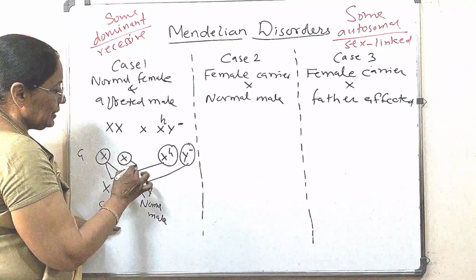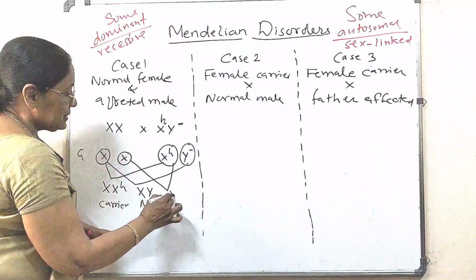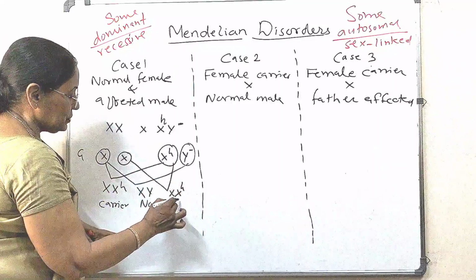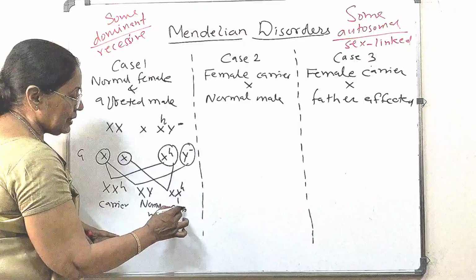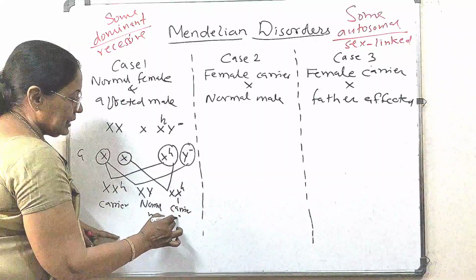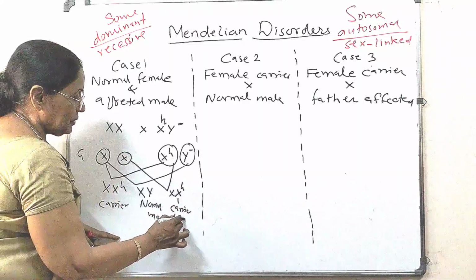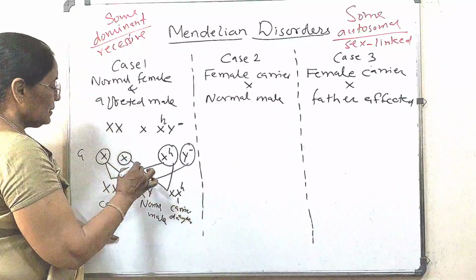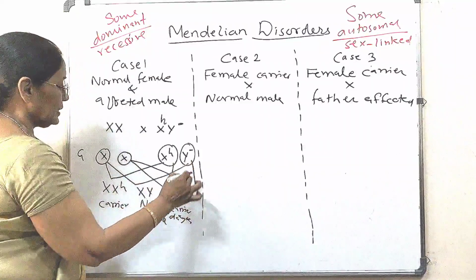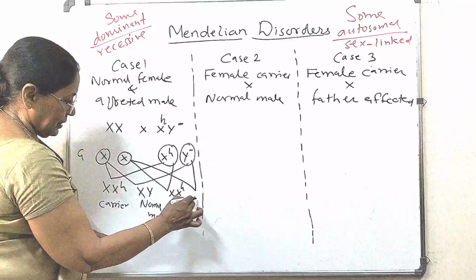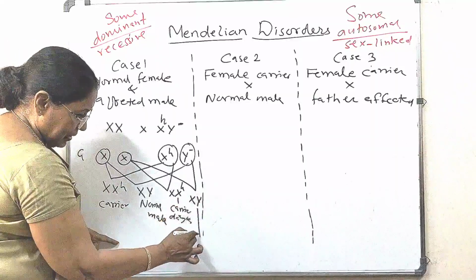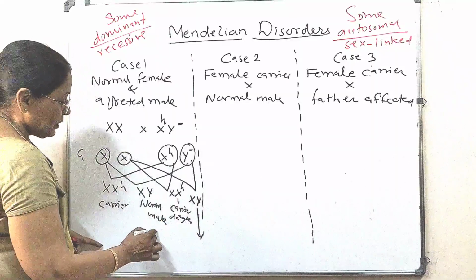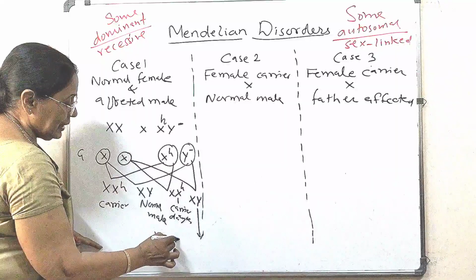Now take this one, XH, so this is again a carrier daughter. And the last one is X and Y, that means this is a normal male.